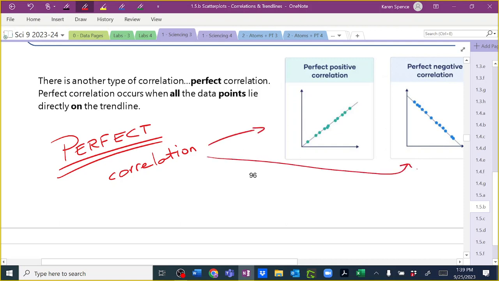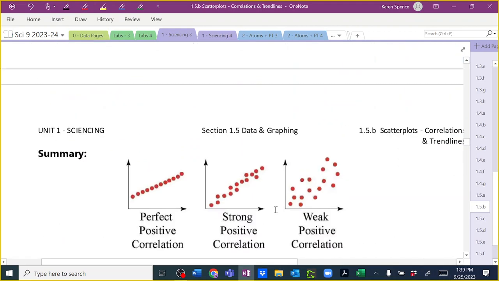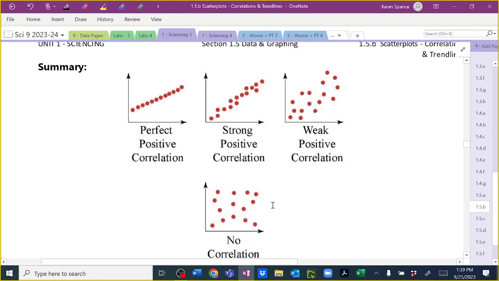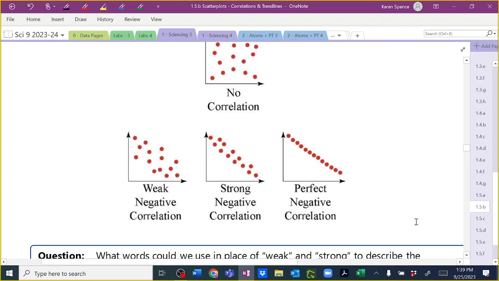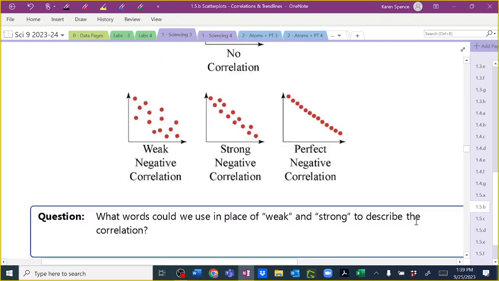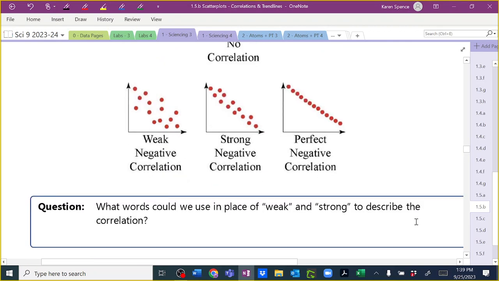Perfect positive correlation, perfect negative correlation. So you can see we have perfect positive, strong positive, weak positive, no correlation. This is a really good page if you want your vocabulary really clear. We have weak negative, strong negative, and perfect negative.